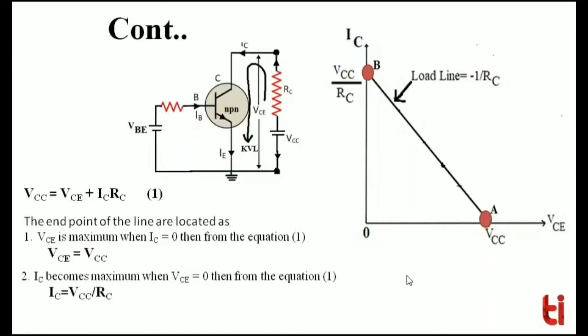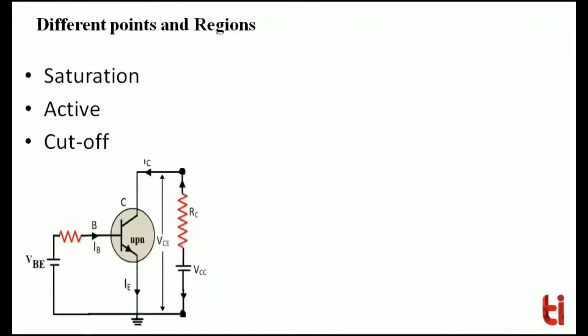Now in the next slide I am going to explain three important points that include saturation point, active point, and cutoff point. And in addition to these points, I will also explain three different regions with the help of output characteristics of a bipolar junction transistor, which is connected in common emitter configuration.